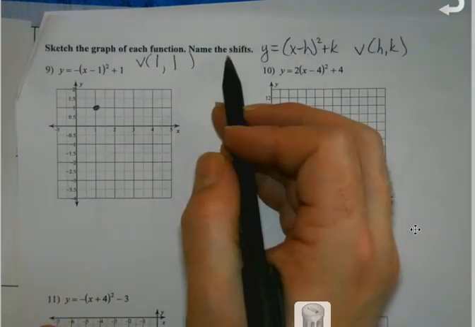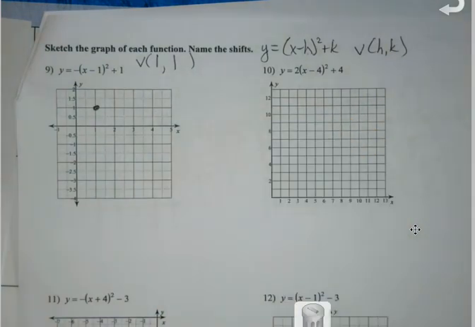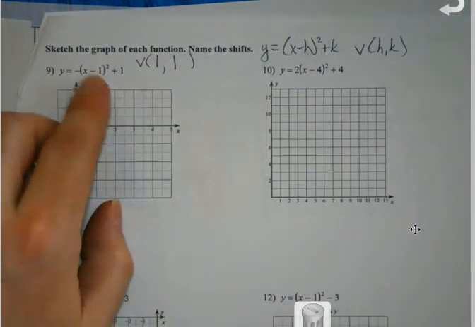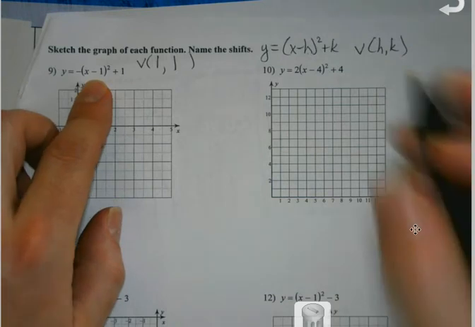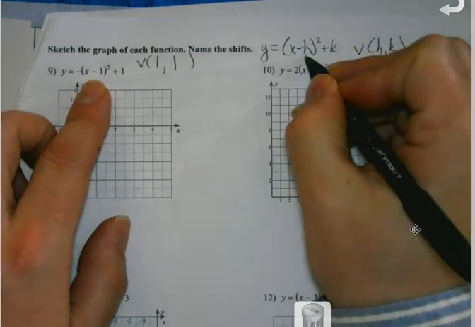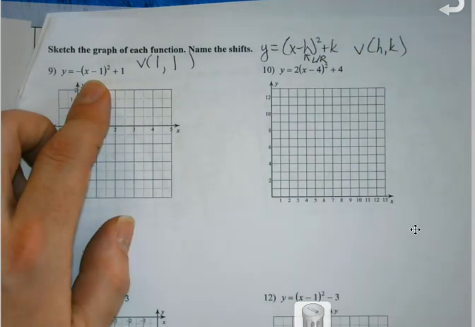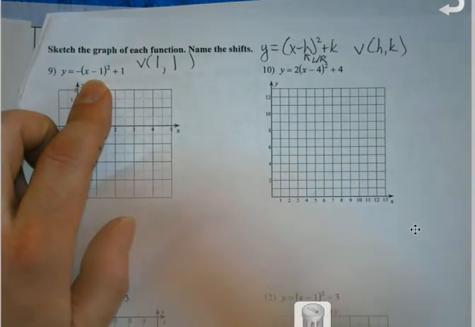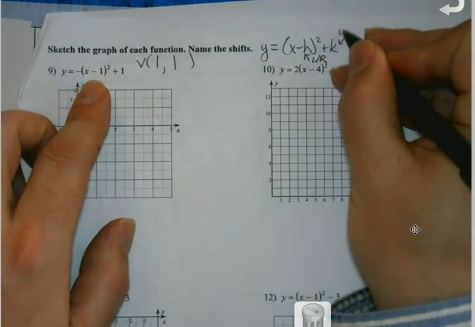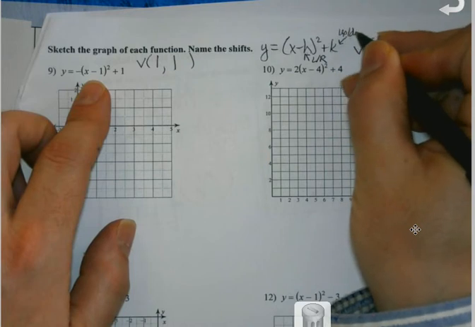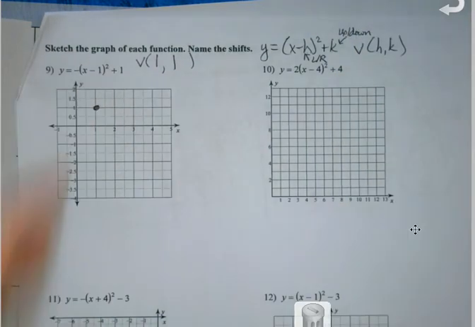The shifts, okay, because this is the one, remember, where we had our base graph and then we did some shifting. So when we're looking at these guys, they tell me if I'm going left or right. And these guys tell me if I'm going up or down.